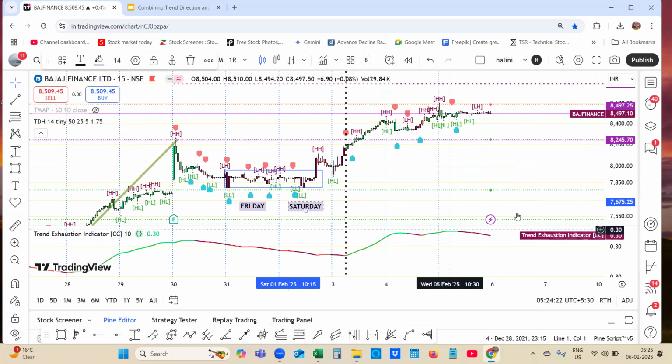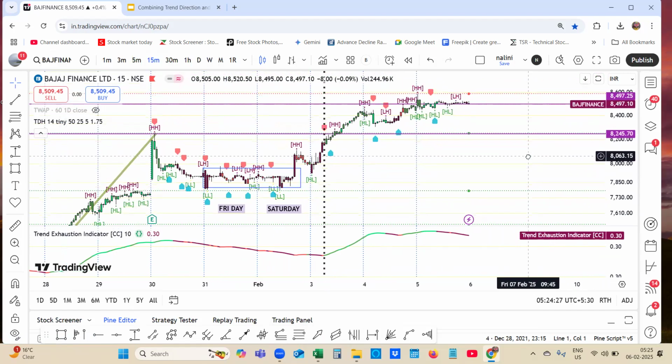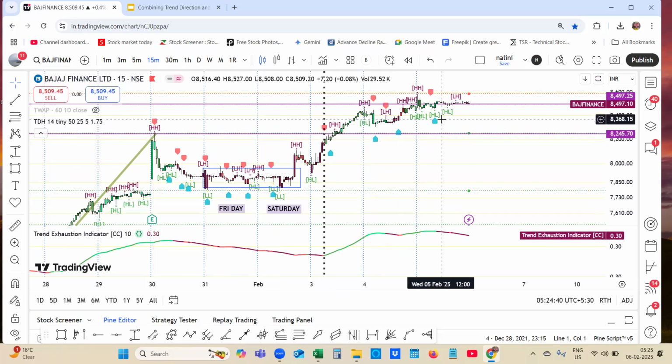I've applied them. See, it clearly complements my one asset, one trade strategy. Here on Friday, this is an example of Bajaj Finance, looking for a parabolic move within 2 days.